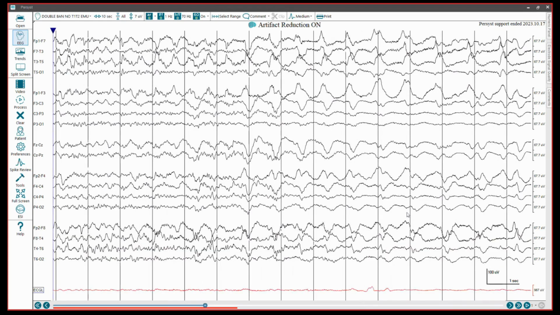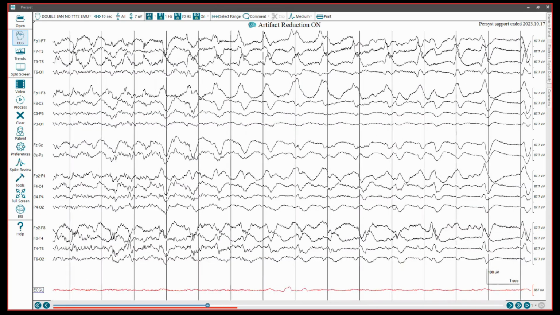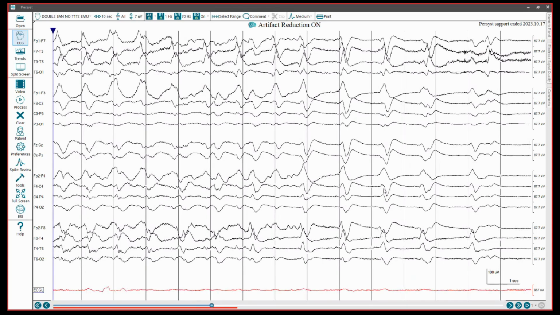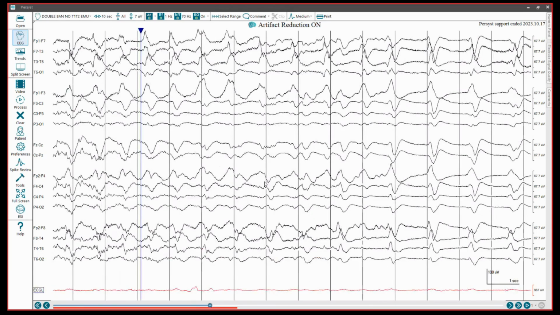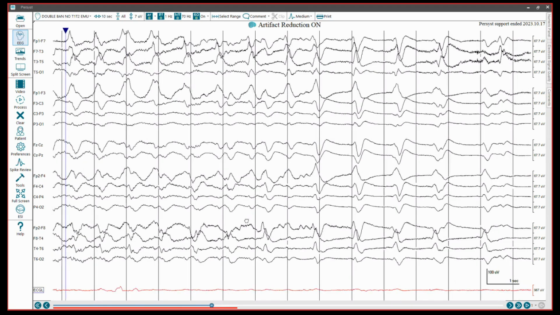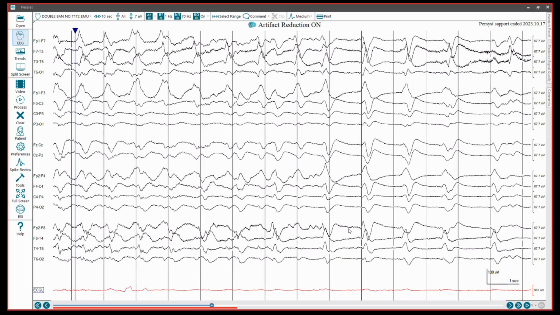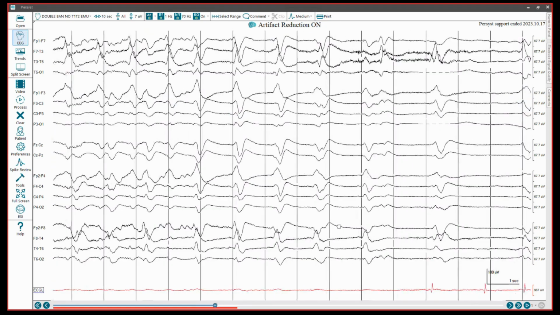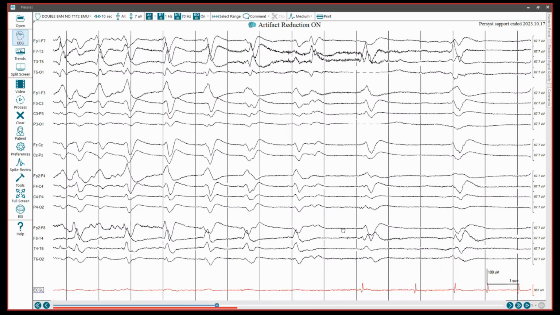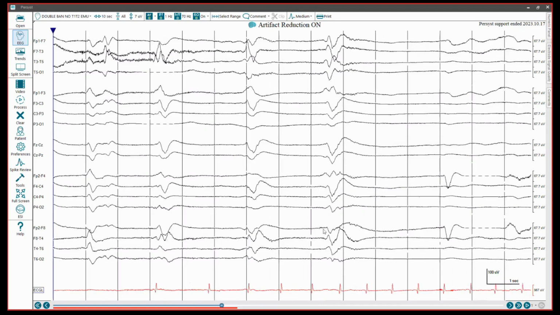Now, why couldn't we call this burst suppression? Well, burst suppression can be seen with deepening levels of sedation as well as cerebral hypoperfusion. But this is such a quick, abrupt transition to periodic discharges, is my theory why this is not burst suppression.